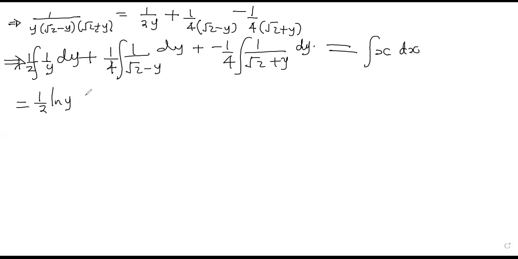So this is a half ln y, and this is equal to, having a negative here, negative a quarter ln this. Why am I saying negative a quarter? Because if you let √2 minus y be equal to u, it means that du/dy will have a negative here.